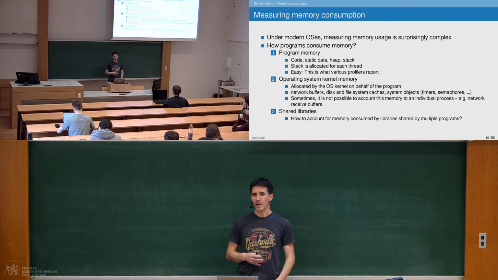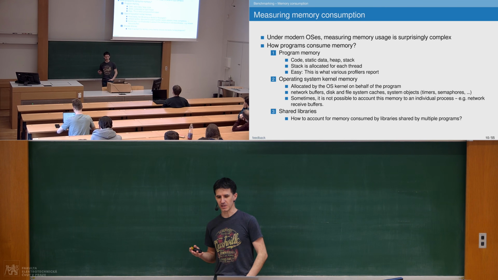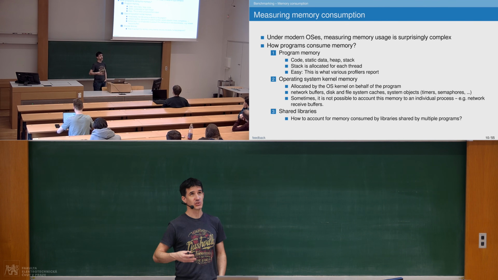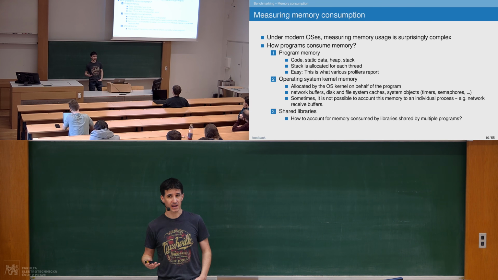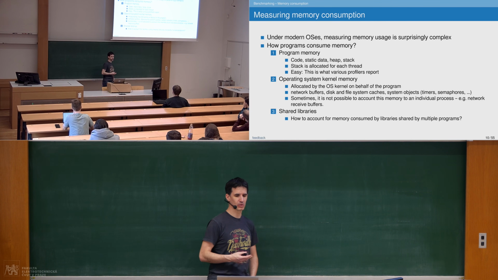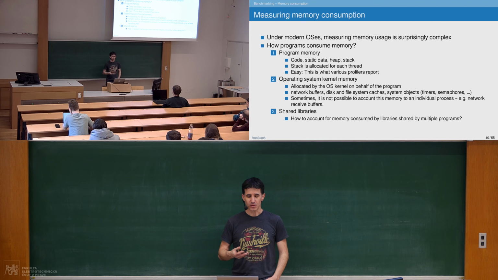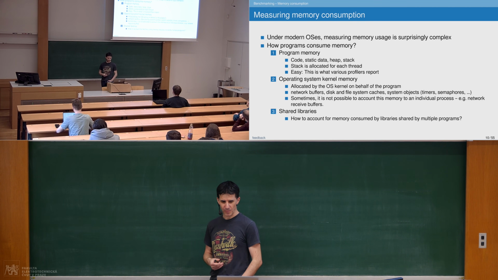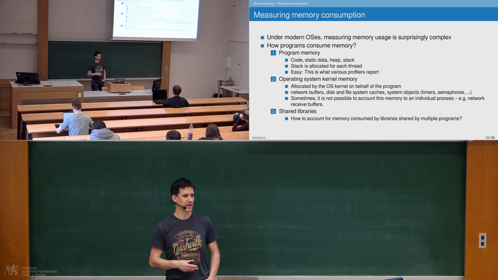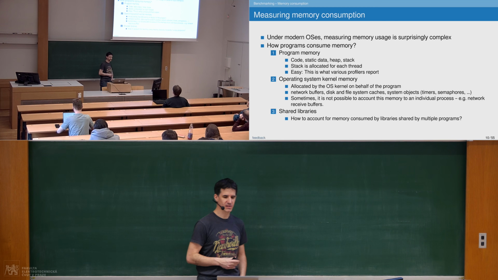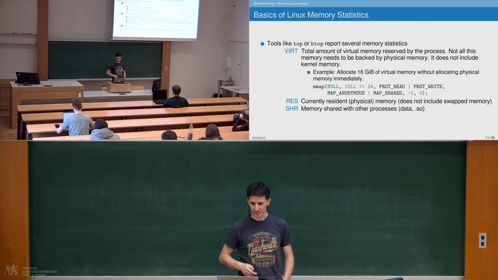So the memory, at least the memory needed for storing the code, is shared by multiple processes, but the data is typically not shared. The data is allocated to a single program. So if you want to understand how much memory your application consumes, these are all things you need to be aware of.